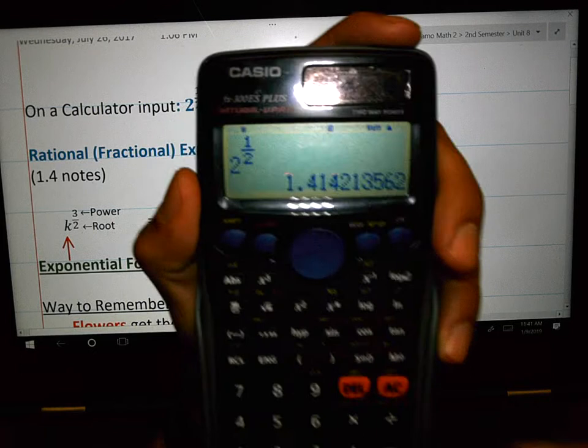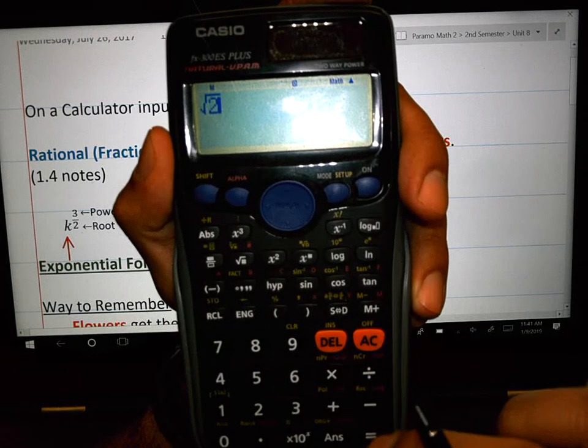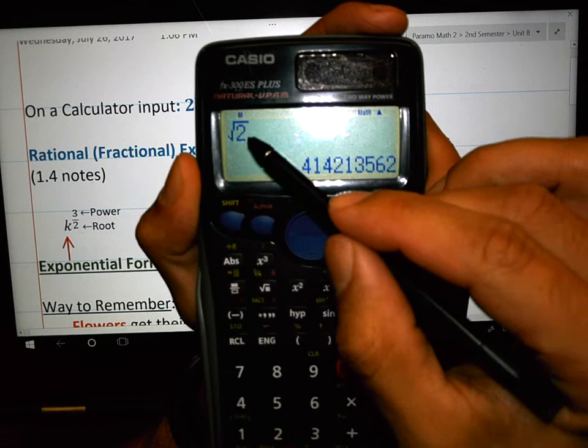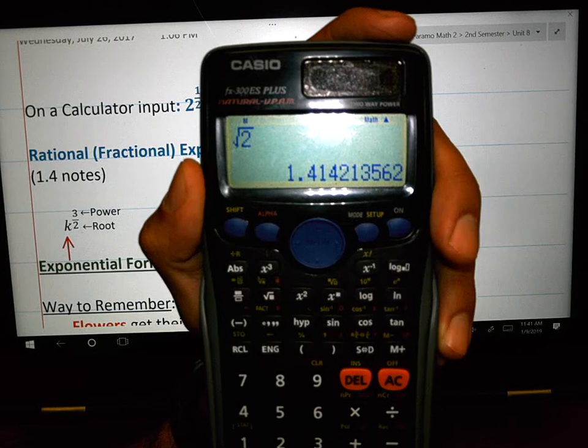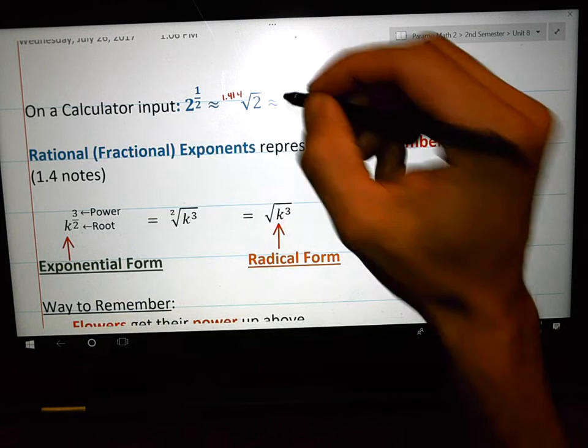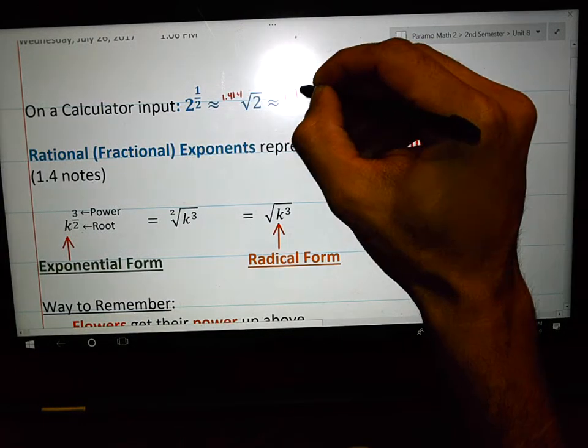Now I'm going to press the square root of 2 and turn the square root of 2 into a decimal. And you'll see that it's 1.414.